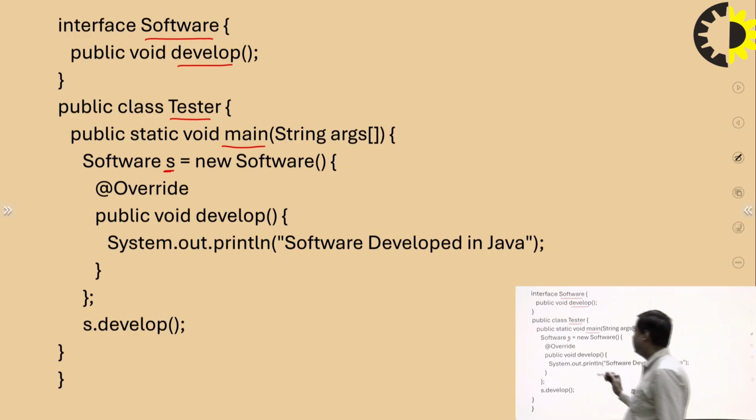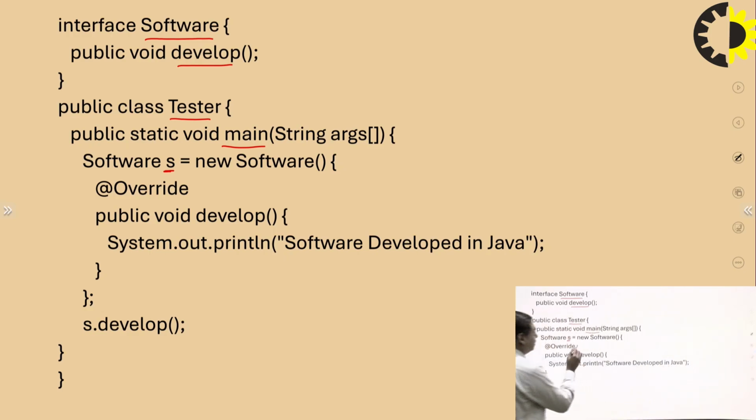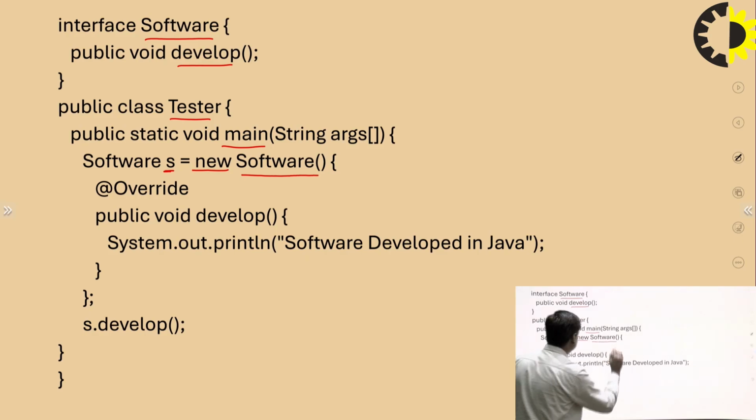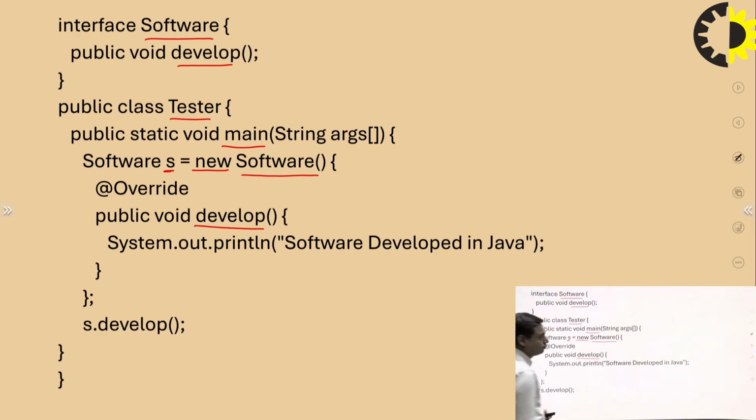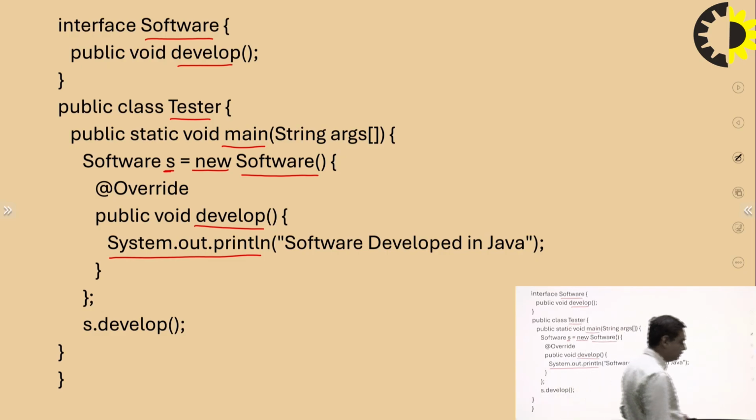Now we are assigning an anonymous class object to this interface reference variable. So we are creating an anonymous inner class of type Software, and within it we implement the method develop, and the implementation is just to print a message, software developed in Java.